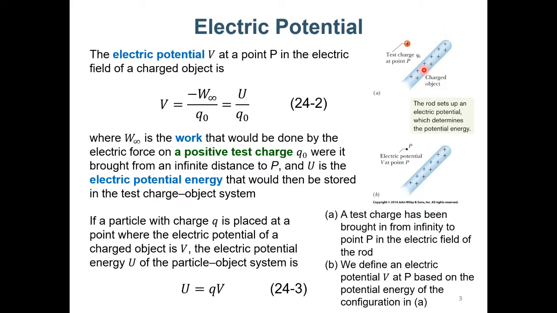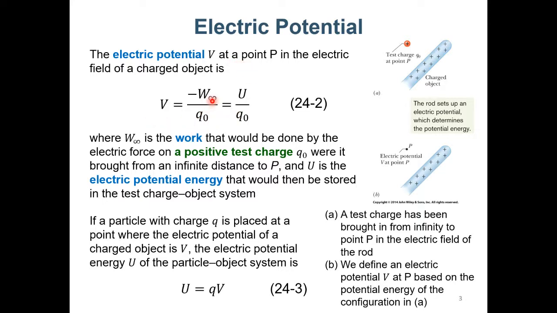So this rod will try to push this away, and this one also tries to push that away, but this one is much heavier than the charge. So you don't really feel that this one is pushed away, but you can really feel this one is pushed away. So you need to do some work to put this charge near the rod.